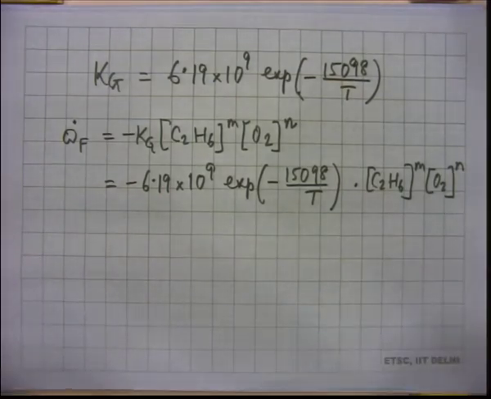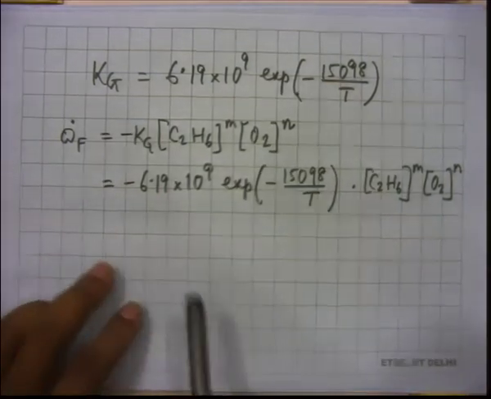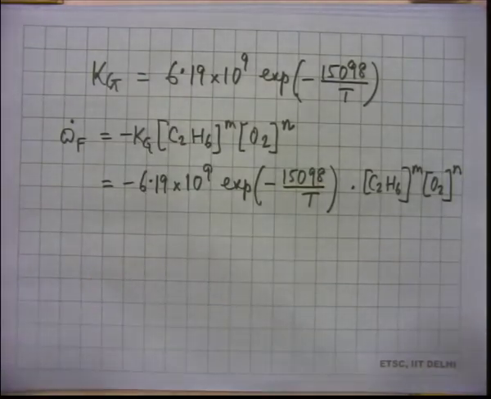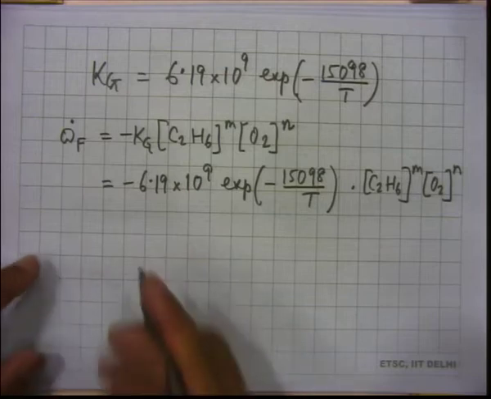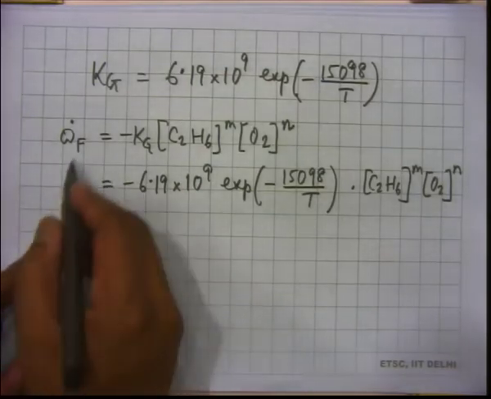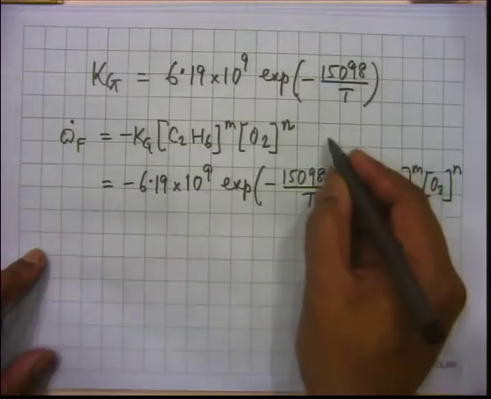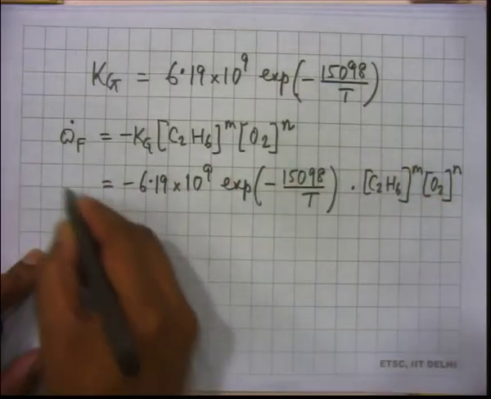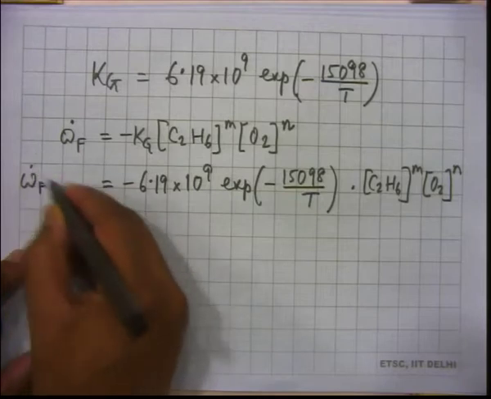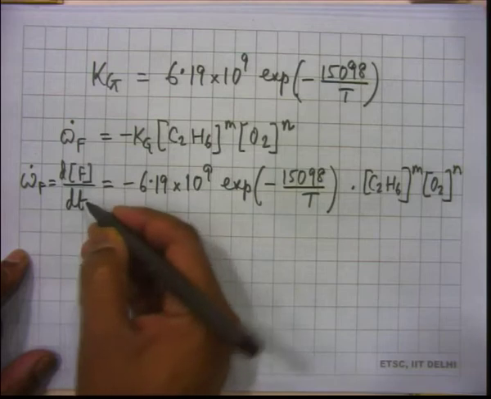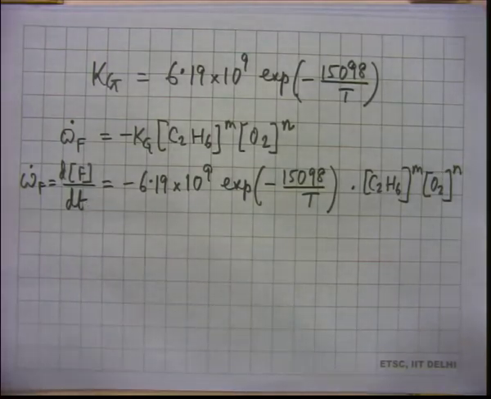We have all this. So, yesterday there was a question on what is the unit of kg. What I mentioned yesterday, I would like to repeat today also: you check the unit of omega dot f first. Omega dot f is the same as d concentration of f dt. We just did that today.